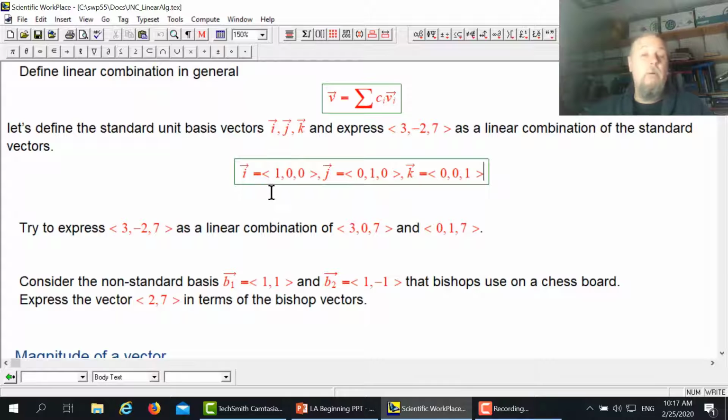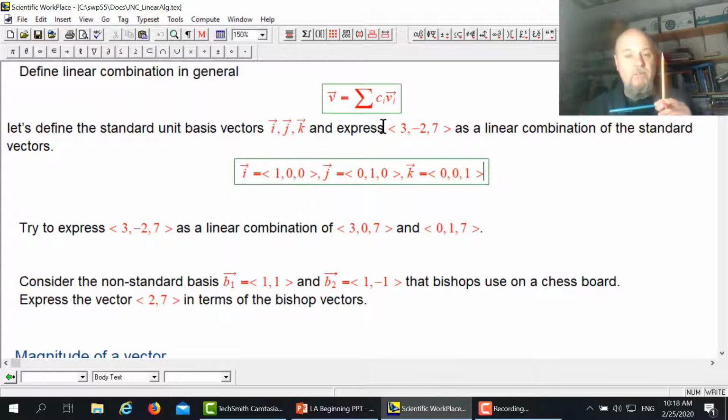And the nice thing about that is I know how long each vector is. They have a magnitude of 1. So vector i goes in the x direction, vector j goes in the y direction, vector k goes in the z direction, and they form a basis. They're all perpendicular to each other. They all form a right angle. If I move them to the origin, they all lie on the xyz axes.